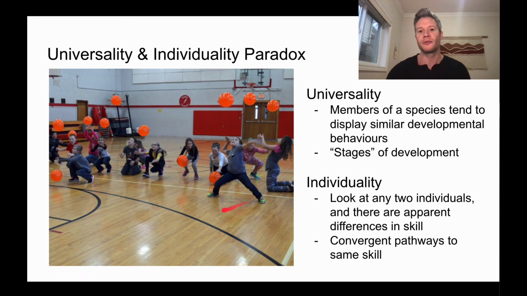You can just look at this group of kids throwing balls. Each of them is doing it a different way. Is each of them doing it as proficiently as the others? No, there is individual difference. But again, when we're talking about motor development, we're generally looking at the universality that all kids of 6 years of age are typically able to throw a ball up in the air in some capacity.